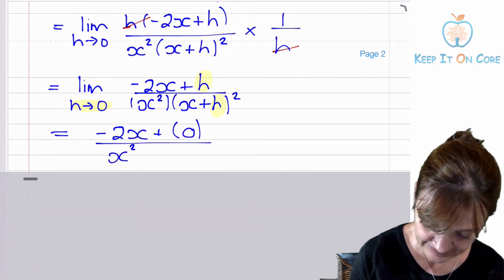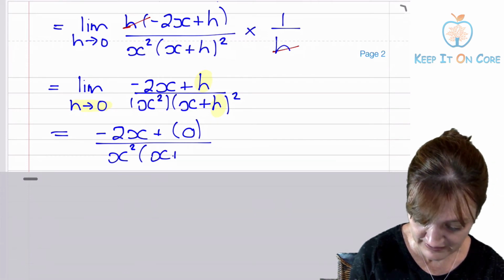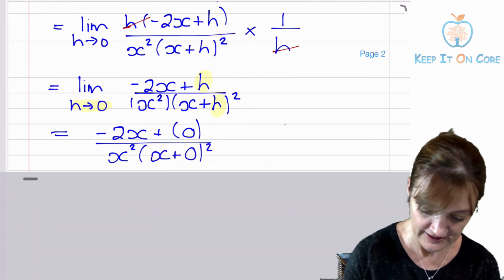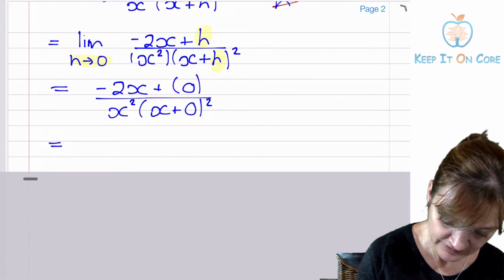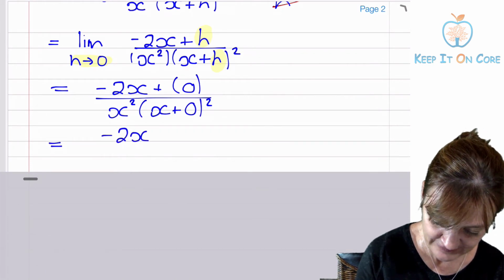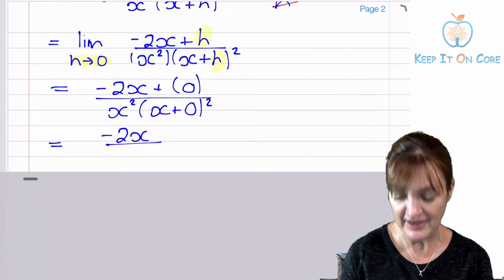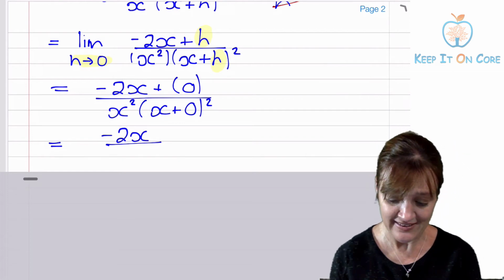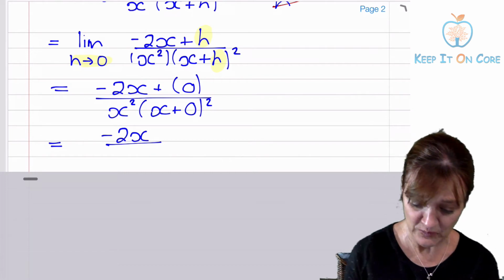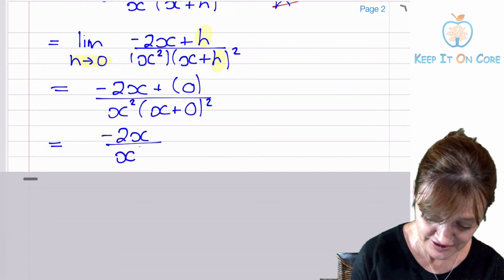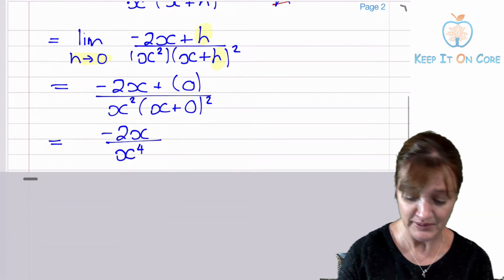So we've got x squared multiplied by x plus 0. Let's see what that gives us. So negative 2x is what we have in the numerator. And in the denominator, x plus 0 is obviously just x. x times x is x squared. So actually I'm sitting with an x to the power of 4 down in the denominator.